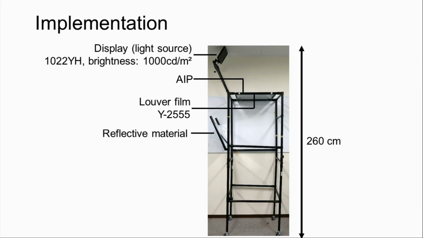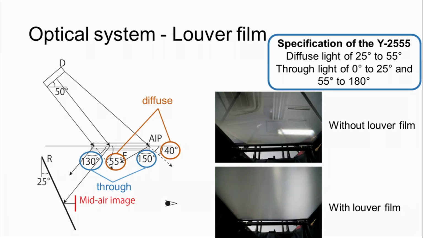This figure shows the details of the proposed system implementation. We use a high brightness display as a light source. We use Winkos view control film Y2555 as a Louver film. As shown in the figure, the range of light from the AIP is between 40 degrees to 150 degrees.